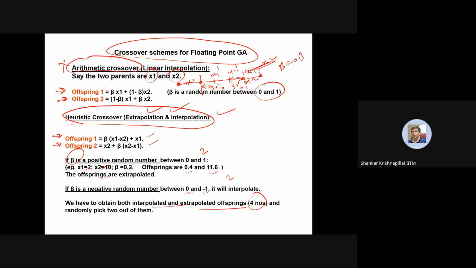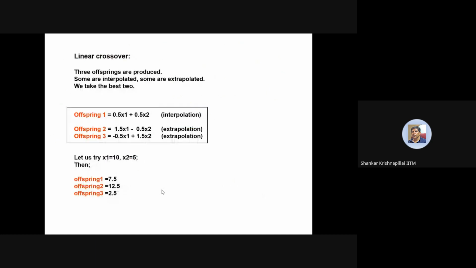First you give a beta which is a positive random number between 0 and 1. Then you generate another beta which is a negative random number between 0 and minus 1, and you get four offsprings and choose two out of them. This is called heuristic crossover, which does both extrapolation and interpolation.